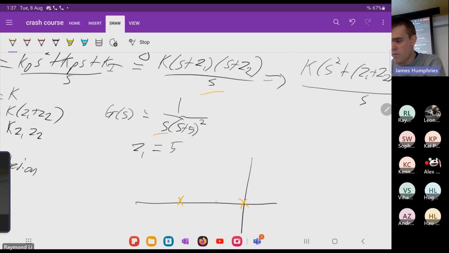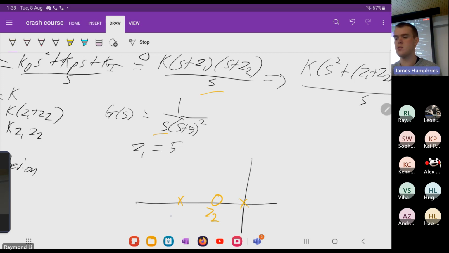And then we're going to have some zero along the way, which is going to be Z2, because we don't have a double pole here anymore, because we cancelled one of them out. Wait, is the 5 a zero or a pole? That was a pole and a zero. So it had 2 poles and 1 zero. We cancel one of the poles and zeros, so we're just left with this single pole.